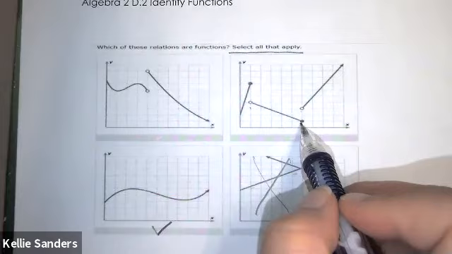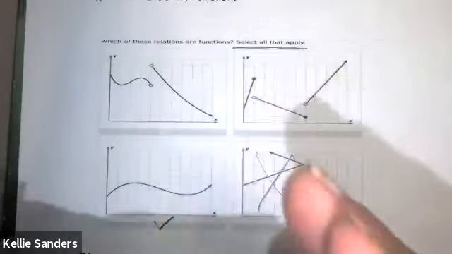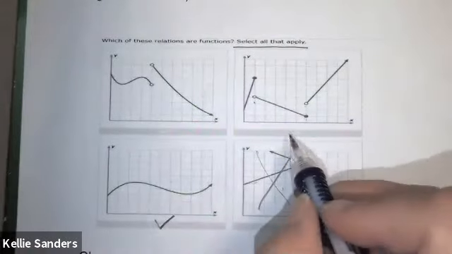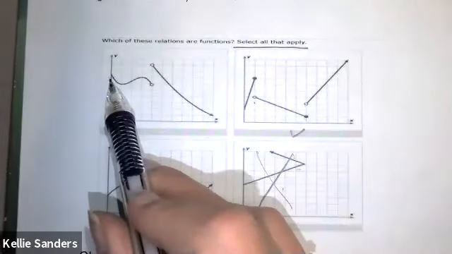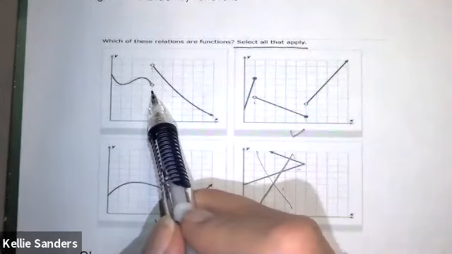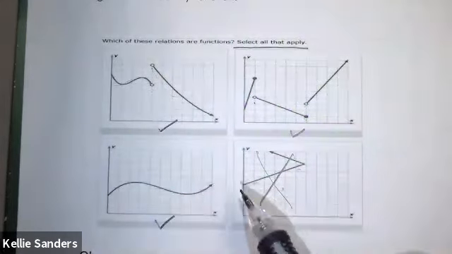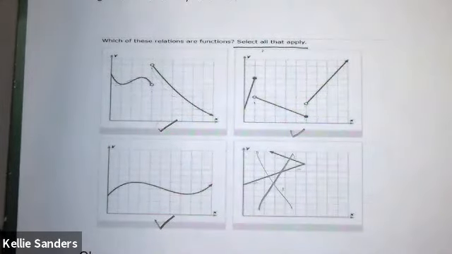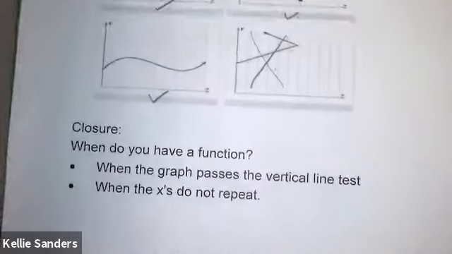And open and closed, that's okay. And they don't cross each other. They don't go under or on top of each other. So that is a function. This part would be a function, that part would be a function, and these are both open, which is okay. So when it says select all that apply, it could be one, it could be all, it could be any in between. So those are the functions.